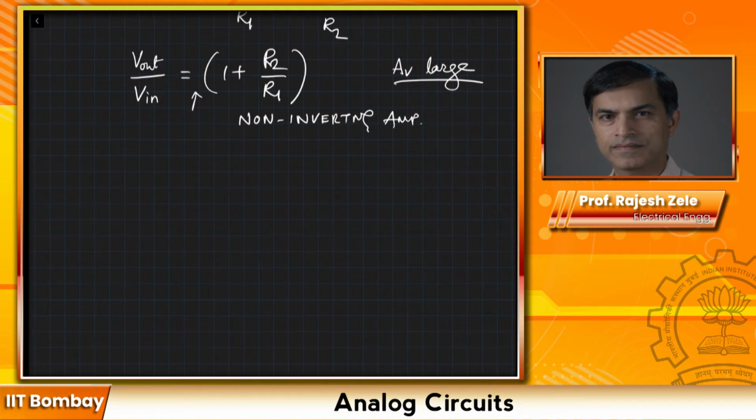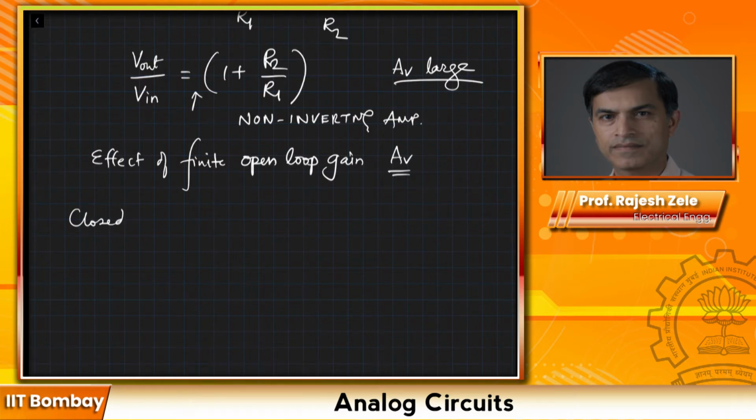You can pause the video. So what you will be doing would be the effect of finite open loop gain Av and the closed loop gain G, the value of which you will tell me.